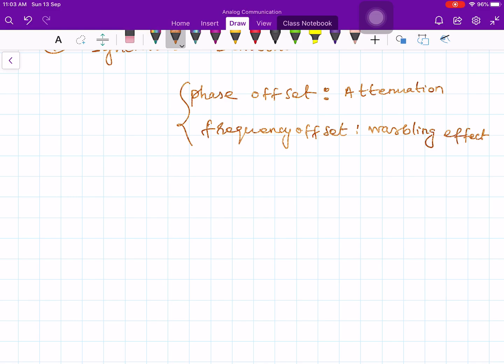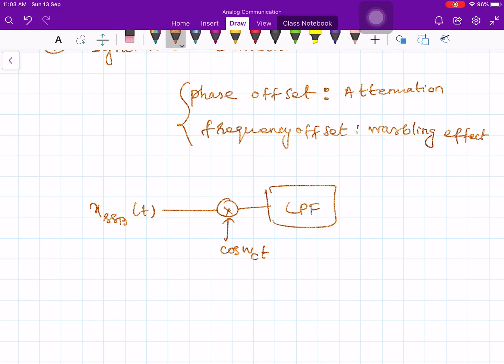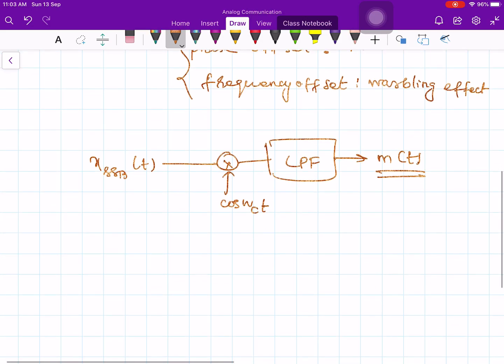So we want to discuss the effect of phase incoherence. The demodulator is the same: x SSB of t, you multiply by cos omega ct, and then put a low pass filter, and you will get a replica of the message signal m of t.